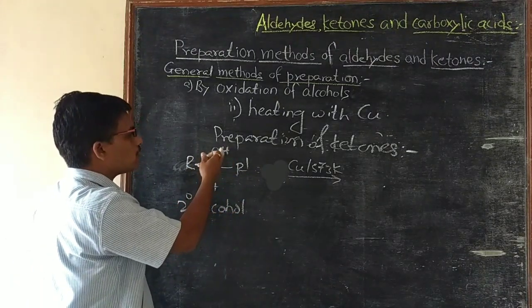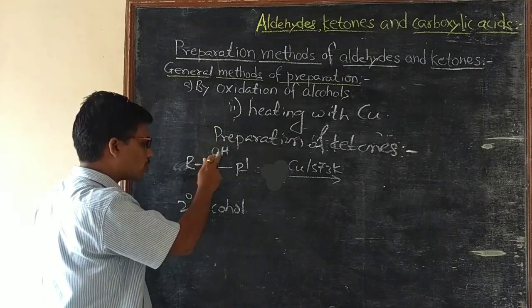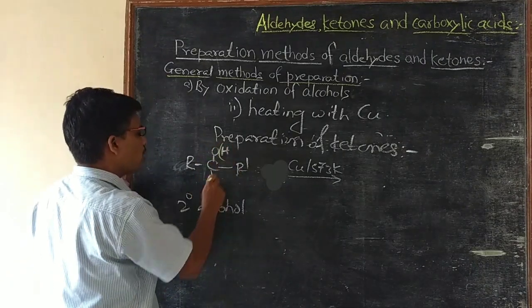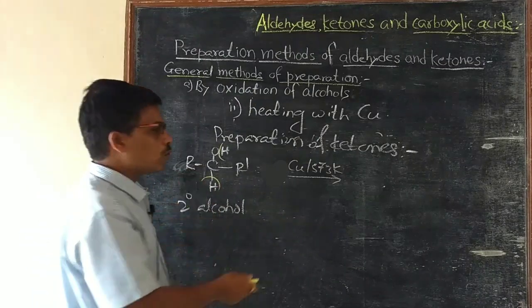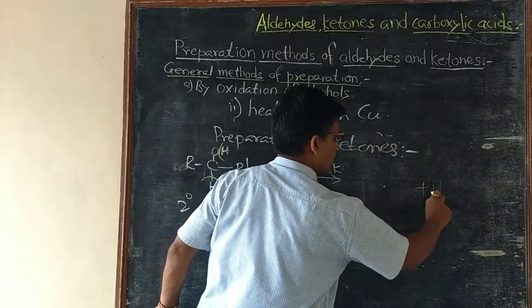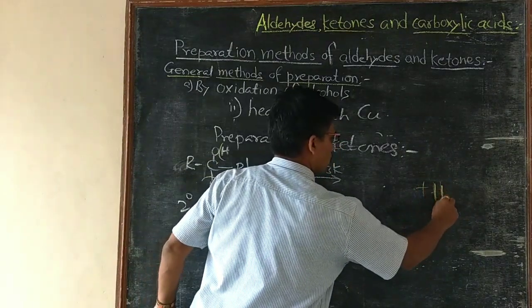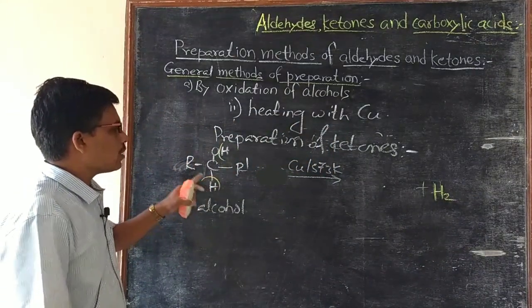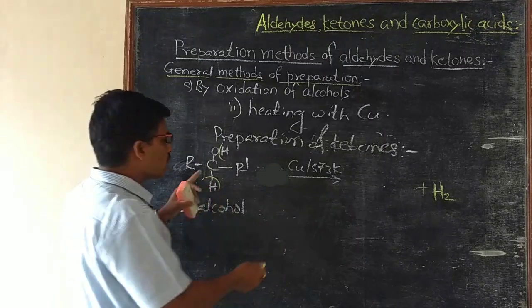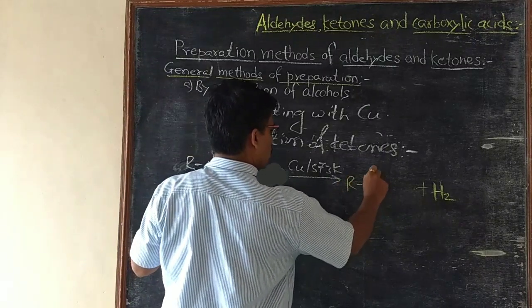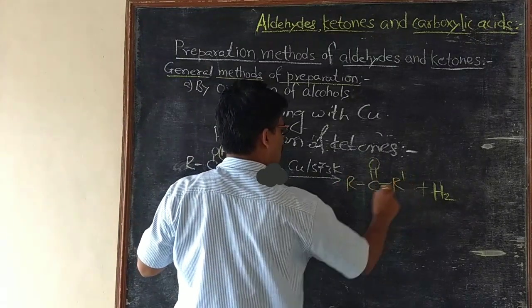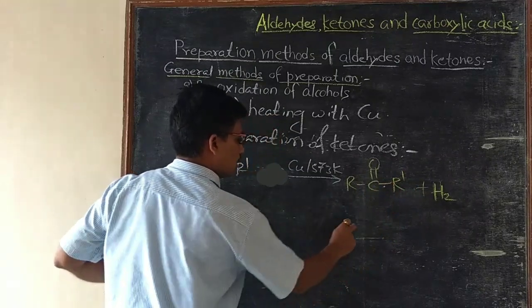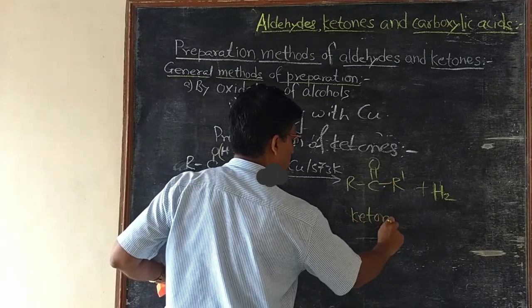This process takes place by the removal of one hydrogen from the hydroxyl group and another hydrogen from the alpha carbon to form an H2 molecule, and what we have left is our desired product, that is ketone, R C double bond O R prime.